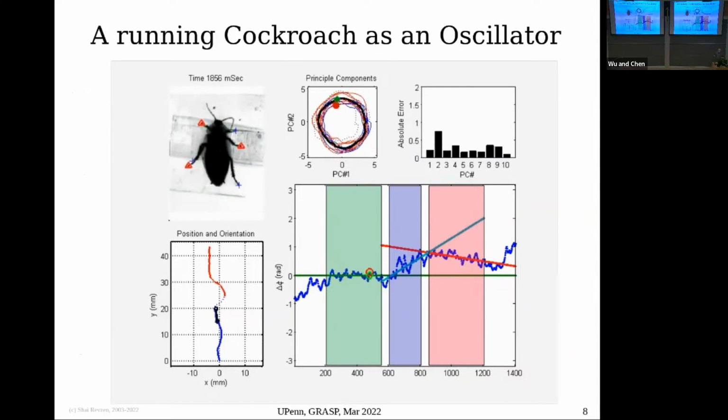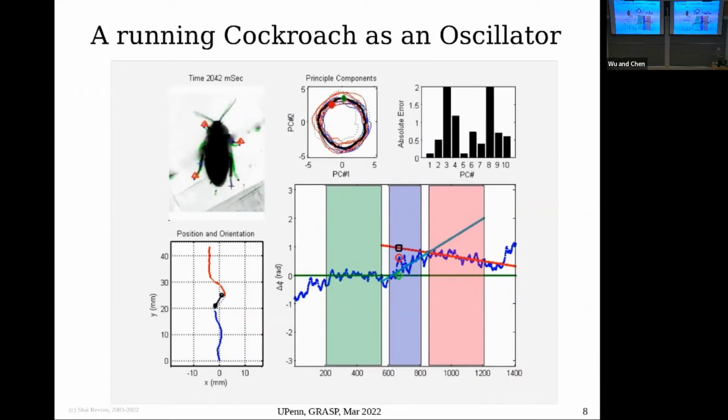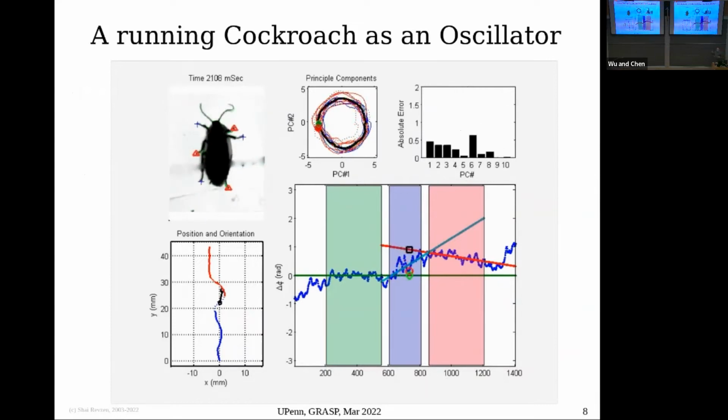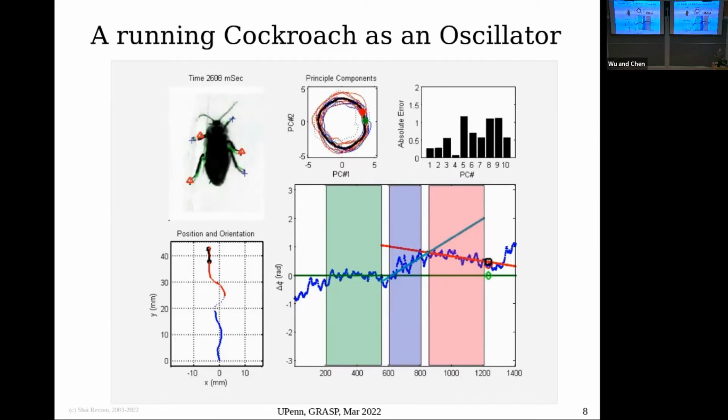And that's that rotating dot up top. Okay, so that entire cockroach is behaving mostly like an oscillator. It's occupying a loop in state space. Its entire state collapses to a single phase variable where we are on the cycle. That's all you need to know, for the most part, to know what the cockroach is doing at any point in time while it's running. That's a really great reduction from the complexity of that system.